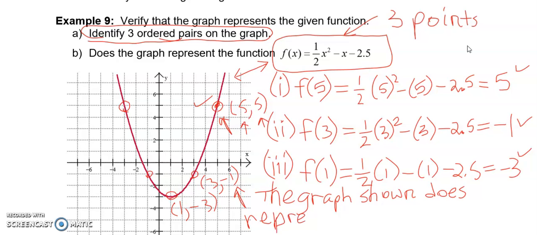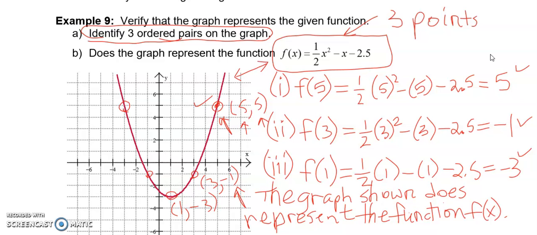This old pen is not working very well. You could even write down what the function is if you wanted to, but that answers the question right there. Okay, so that's that one. That was example number 9.